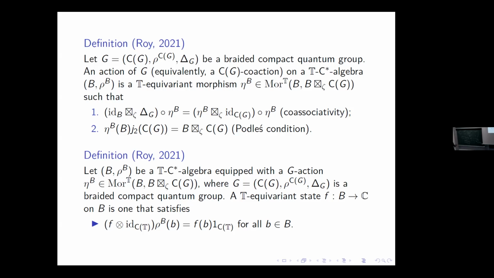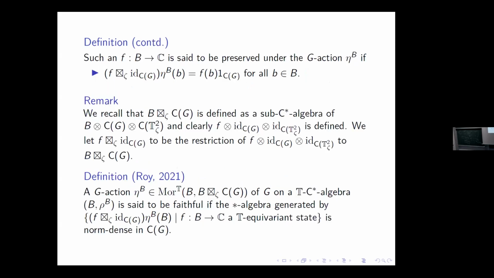You would get F of b times the identity of C(T). This is called T-equivariance. If you replace T by G, it is G-equivariance. Again, you apply the coaction of C(G) on b, you land inside B braided with C(G), and you apply F on the first leg, you would get F of b times the unit.